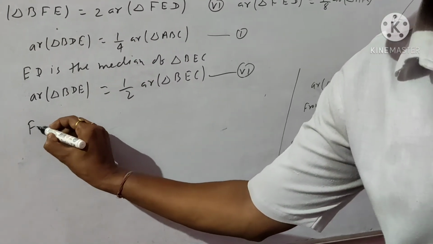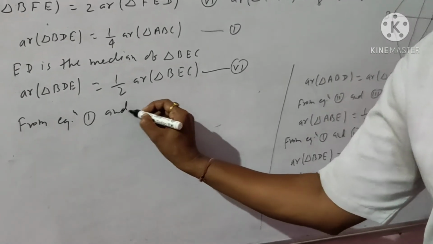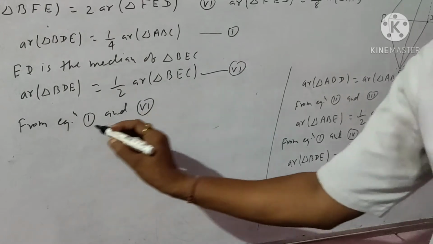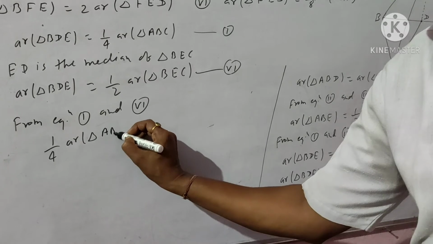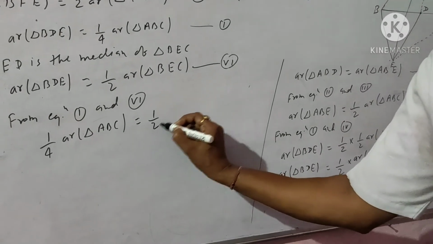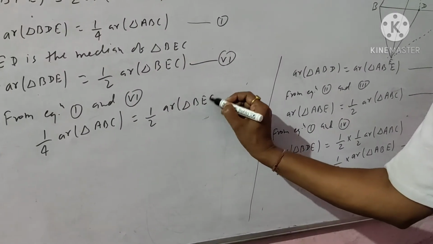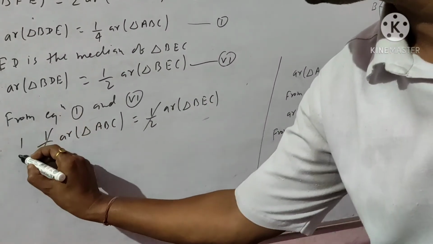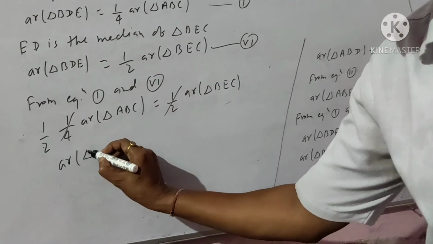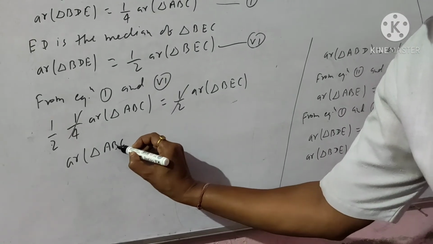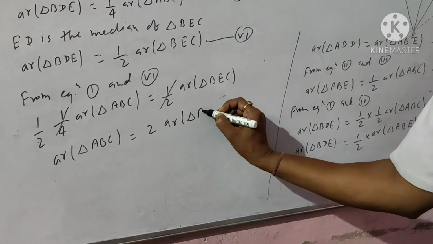So from equation 1 and 6, 1 by 4 area of triangle ABC is equal to 1 by 2 area of triangle BEC. So 1 by 2 and 1 by 2, 1 by 2 moves here. So we can write here area of triangle ABC is equal to 2 times area of triangle BEC.